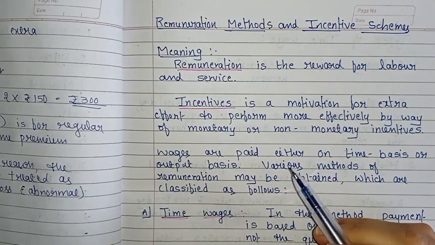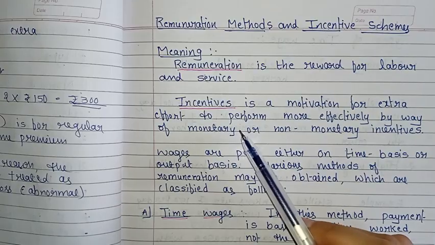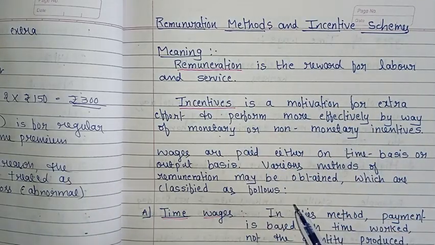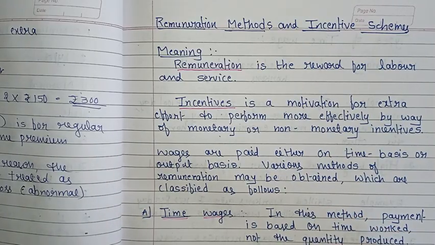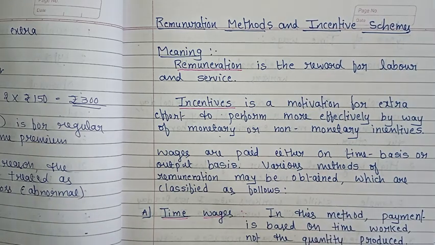There are mainly two types of incentives: monetary and non-monetary. Monetary incentives are paid in money, such as bonus, commission, profit sharing or performance allowances. Clear? For what?